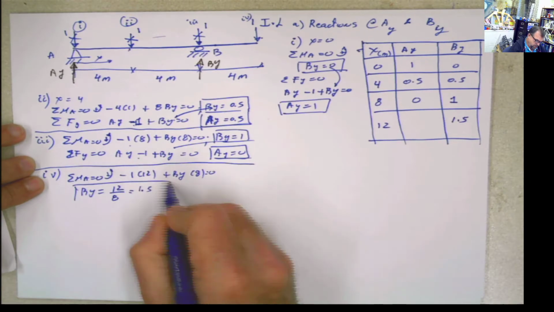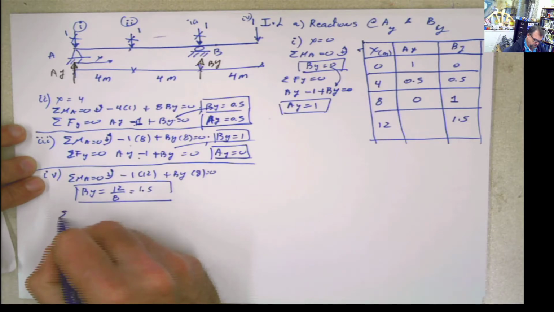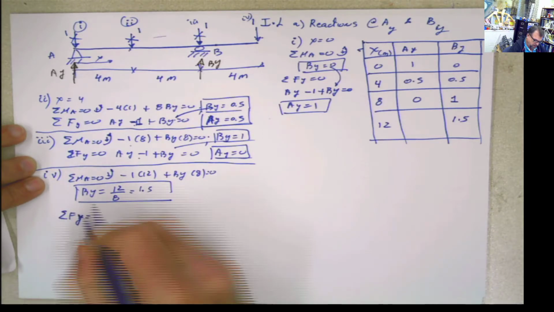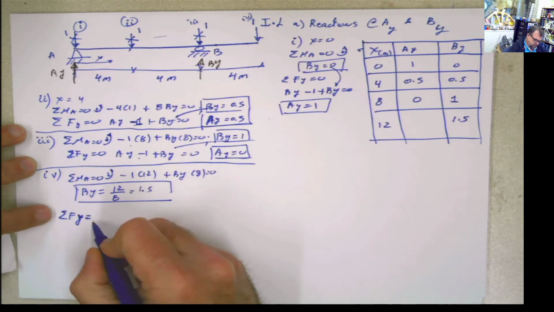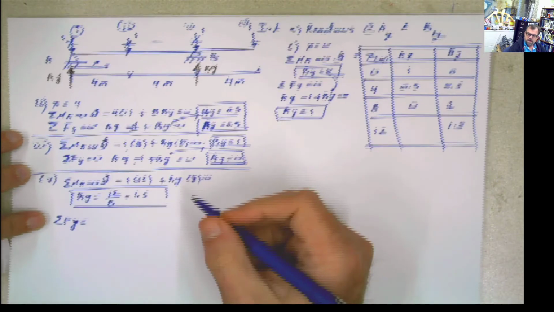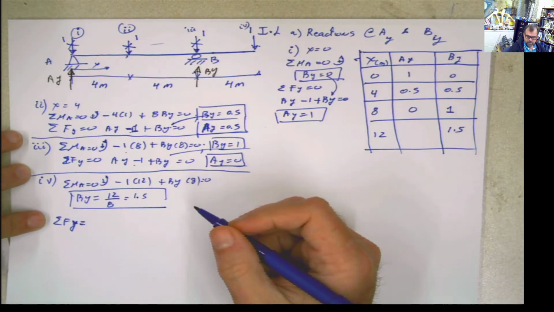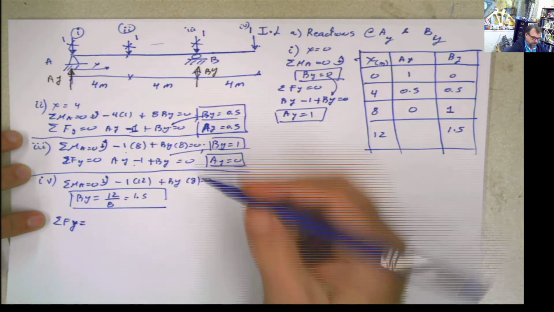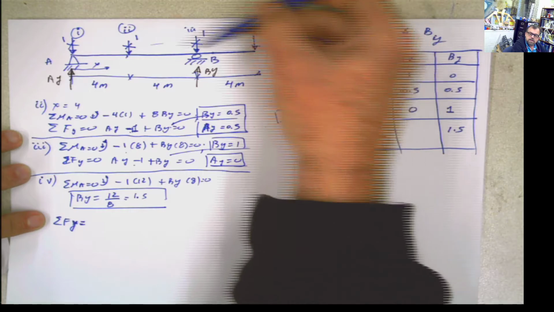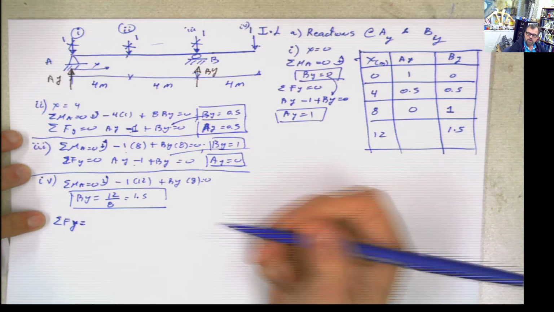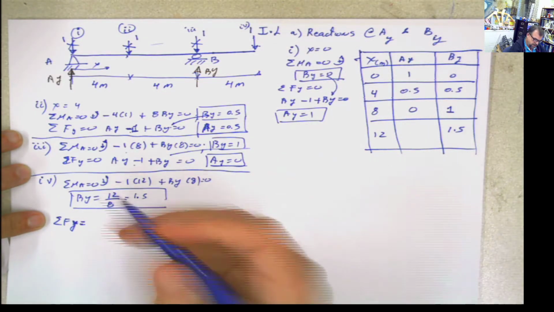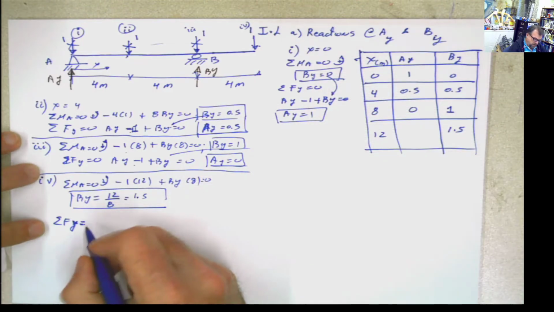1.5, and then you do summation of forces in Y. In X, please. Could you have any influence line in X? Well, you could, because if the load is inclined, the X will be changing direction also. So yes, you could, but in this case, of course, it's a vertical load.